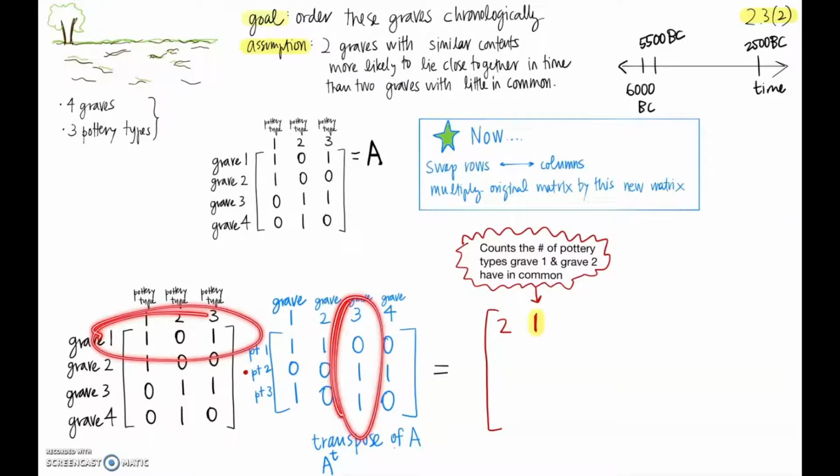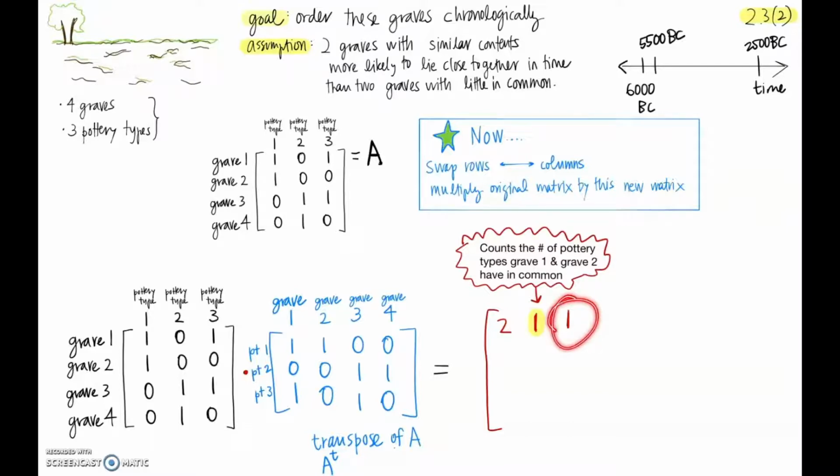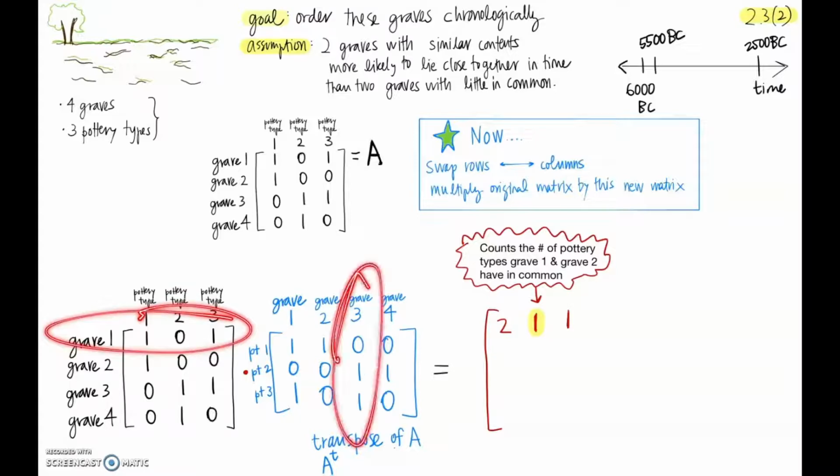And so we have 1 times 0 is 0, 0 times 1 is 0, and 1 times 1 is 1. So this number is 1. Well, it's no surprise. This number is actually counting the number of pottery types that grave 1 and grave 3 have in common. If you think about where the row is coming from and where the column is coming from, anytime grave 1 and grave 3 have the same type of pottery, they'll both have a 1 there, and that 1 times 1 will get picked up.